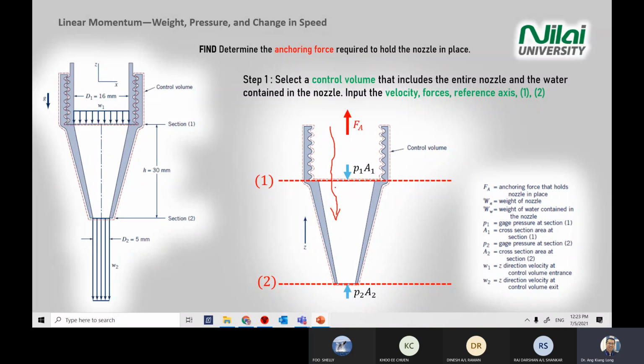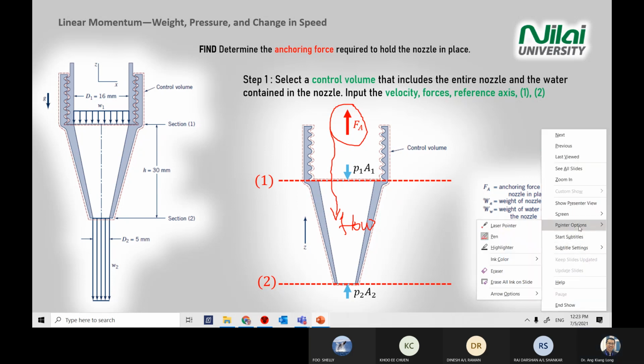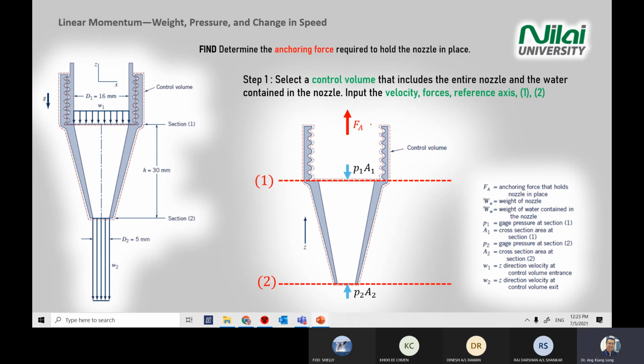There must be a force that counters the direction of your flow. This is your water flow or fluid flow, so the reaction force will always be opposite, going against the flow. The direction is going up, FA. Once you have all the forces, the blue color is the pressure and the red color is the anchoring force.